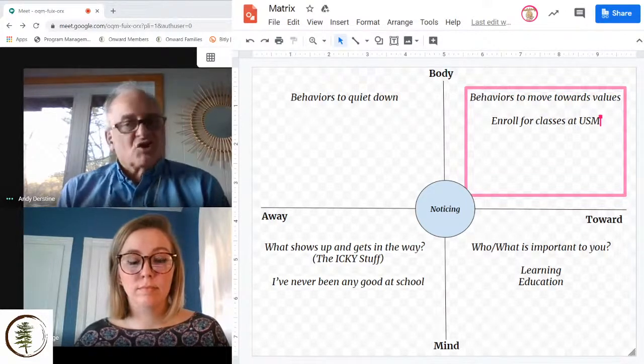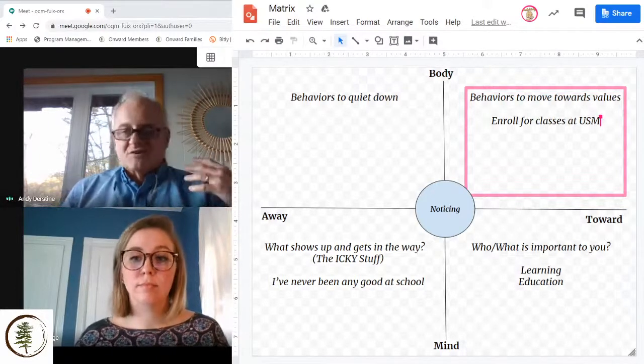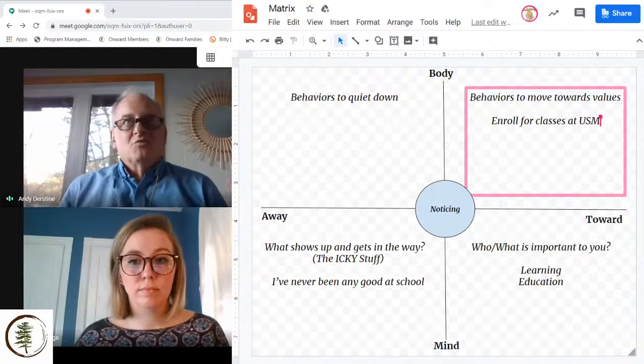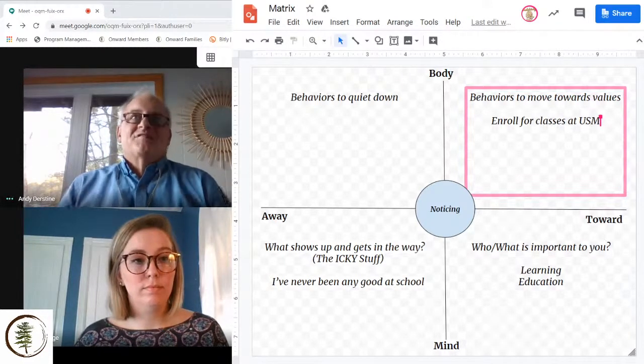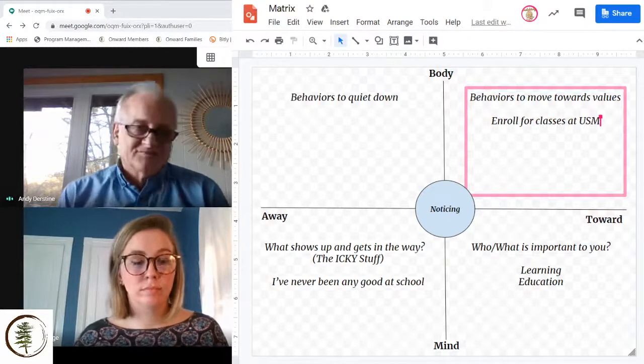And talking with your therapist, languaging it, journaling, all those kinds of things are the ways that we help them keep noticing and keep moving, finding that balance between mind and body. So they're not just getting stuck in their heads with it all.